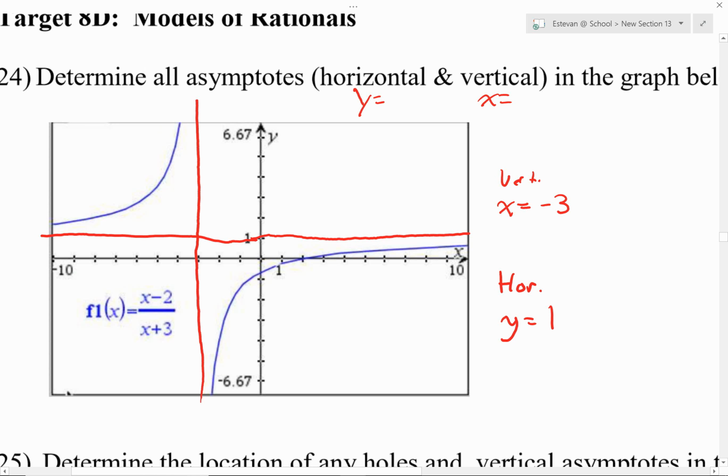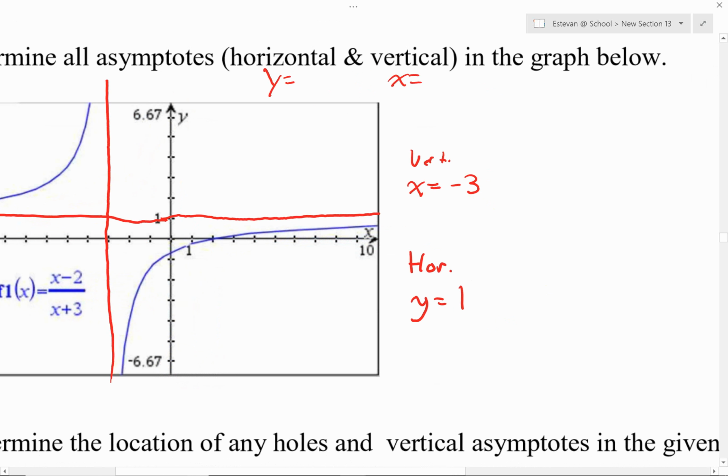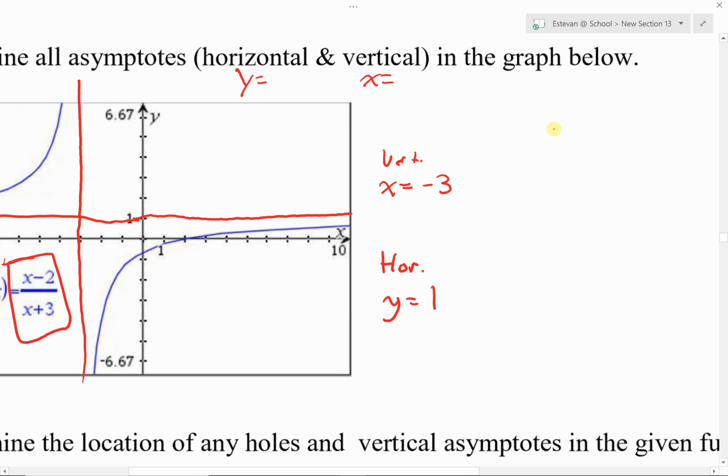And there you go. The algebraic way would be, luckily they gave us the function: x minus 2 over x plus 3. Vertical asymptote is located in the bottom. We set that equal to 0. So x plus 3 equals 0, solve for x, x equals -3.